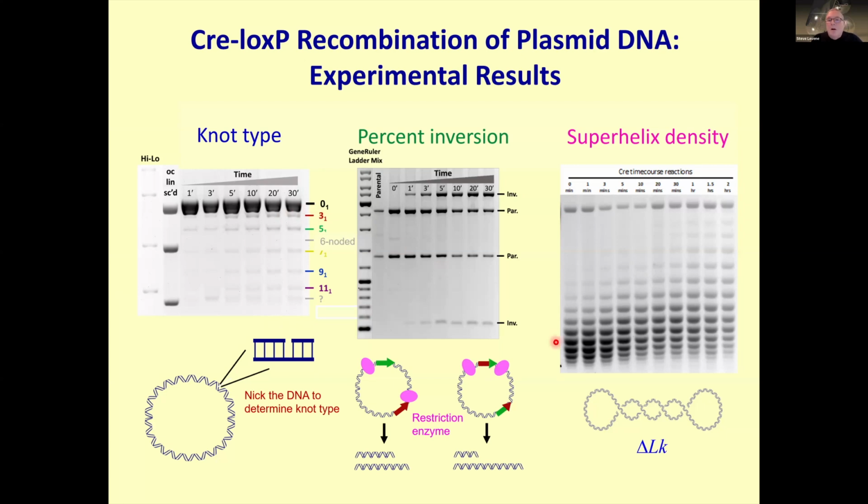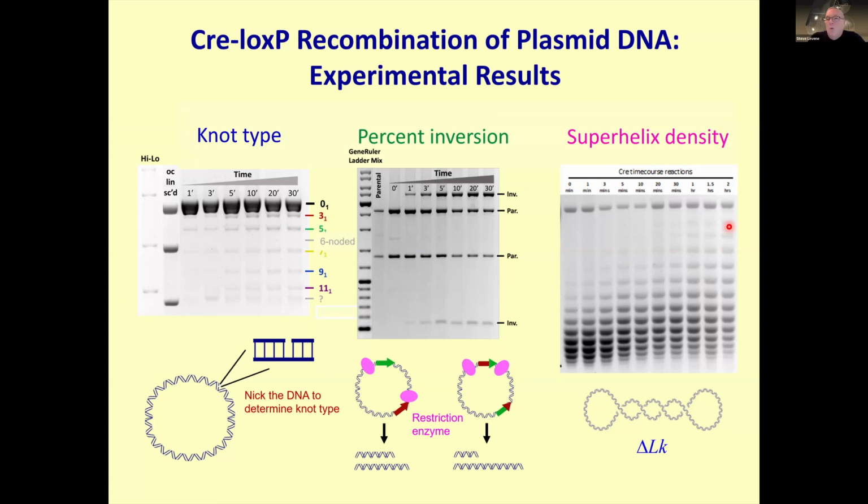So these are the distribution of topoisomers, and they're all for that one. These are the distributions of topoisomers that result from recombination. And you wouldn't see these, of course, with a plasmid that doesn't have loxPs.